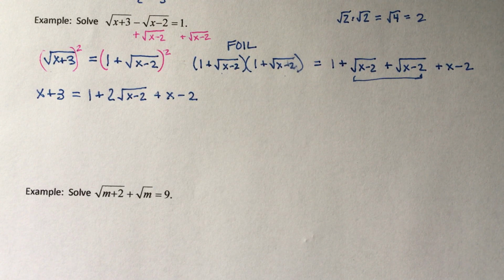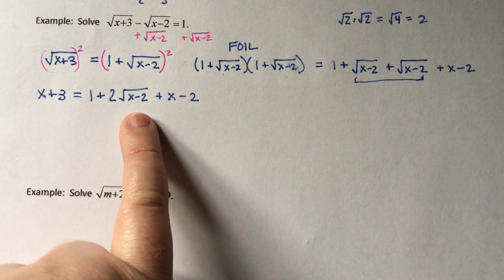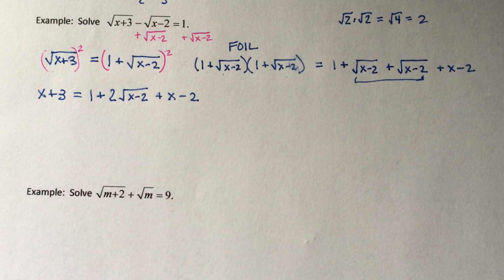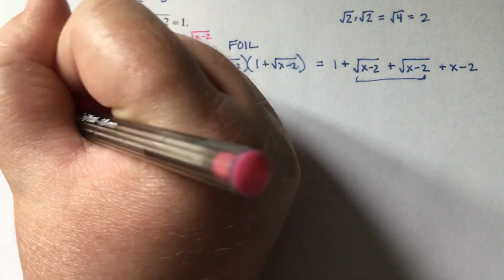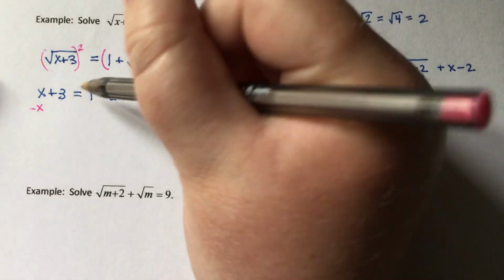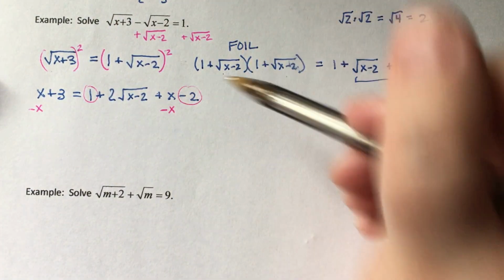So now if you go back up to the top where it had those steps, it says if a radical remains, if there's still a square root there, we have to repeat this process. We need to get the square root alone and then square both sides. First thing I'm going to do, to get the square root alone, I'm going to subtract x from both sides, and I'm going to combine like terms.